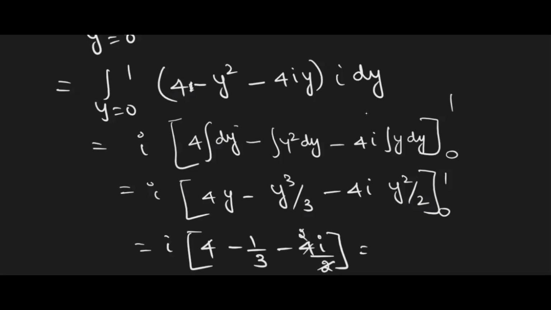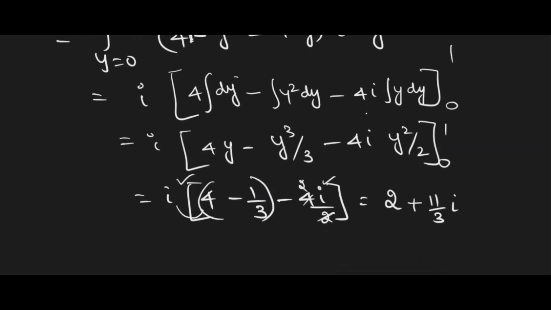Outside one i is there. This i and this i will become i square, and i square is minus 1. So it will become plus 2. And then this term, 4 minus 1 by 3, which is 12 minus 1 by 3, that is 11 by 3, will become imaginary, 11 by 3 into i. So this is along I2. What we have to do finally?